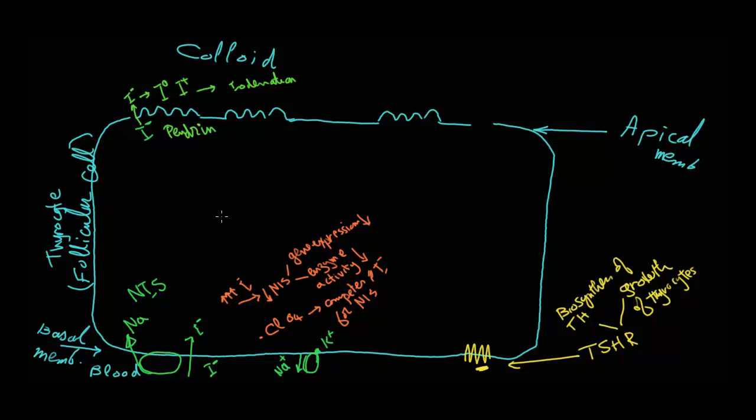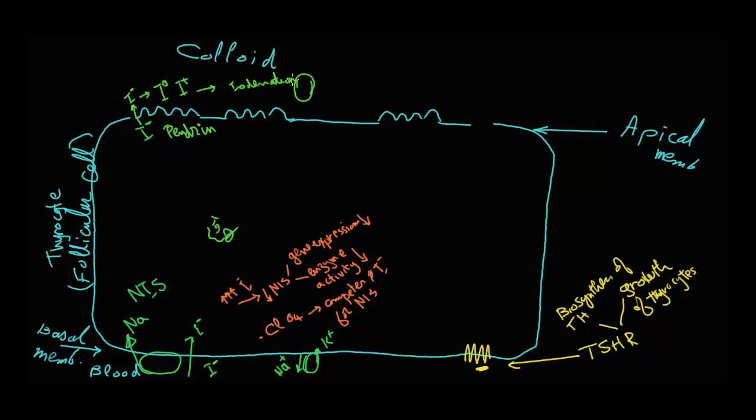Thyroglobulin is synthesized inside the cell. The gene for thyroglobulin, like all other proteins, is transcribed, and the messenger RNA goes to the rough endoplasmic reticulum, and the protein is synthesized on the ribosomes, and it is secreted outside the membrane.